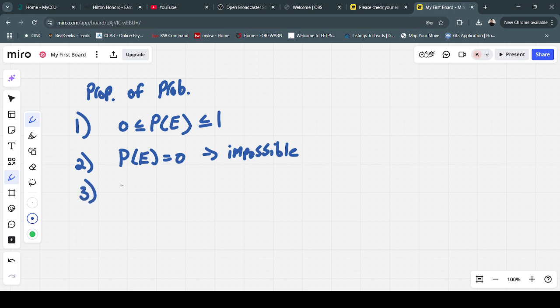And then the third option, which we already discussed, is what happens if it's equal to 1? Well, it's the opposite: always true, or certain. So we can say the event is certain, or always happens, if it's equal to 1. Let's see, a good example here: Coastal Carolina University, what's the probability that Coastal is going to be in Conway?